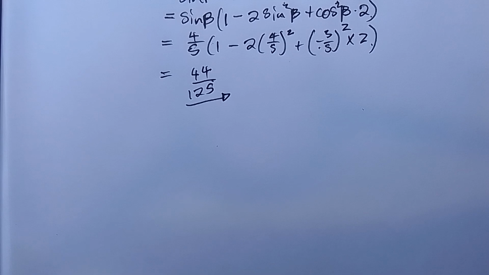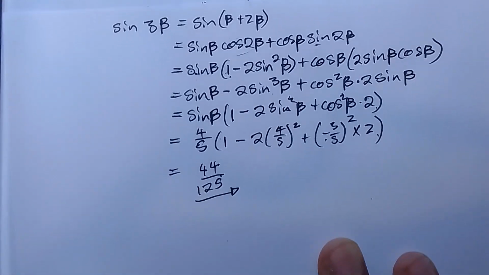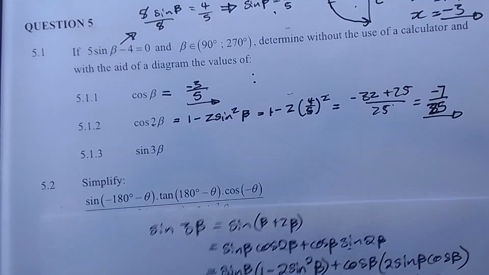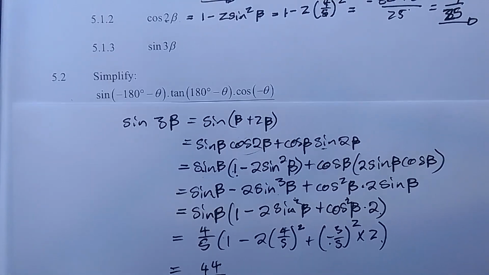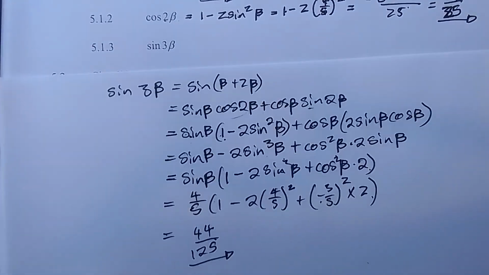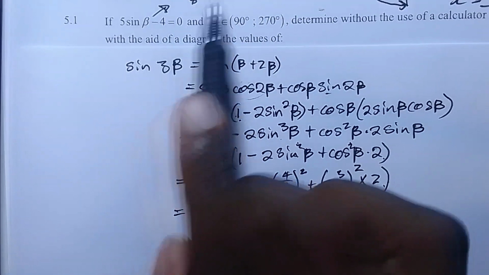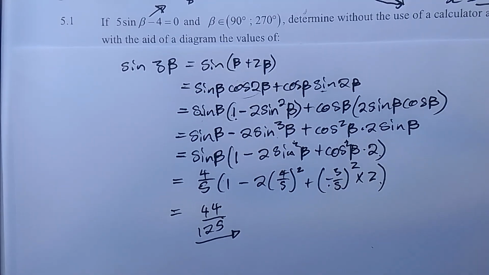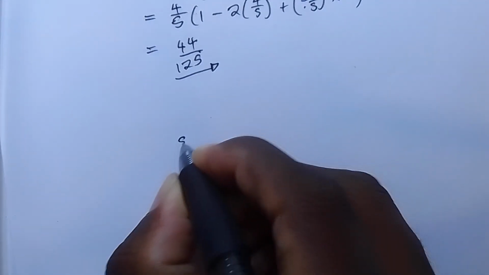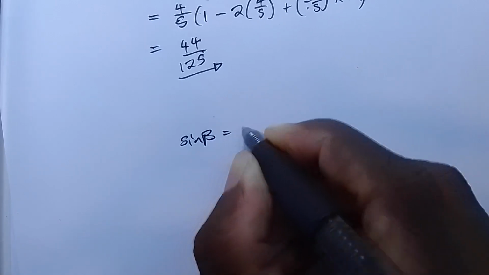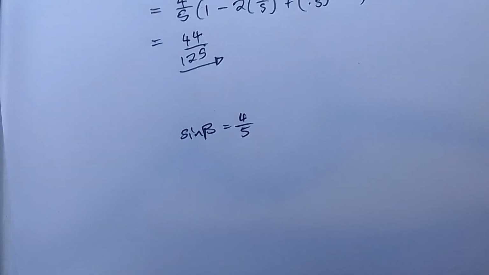Okay, now I want to show you guys a way to check if your answers are correct for such questions. I'm going to show you a way real quick. So how you check if your answers are correct for questions like this is, you see here, you had sine beta is equal to 4 over 5.